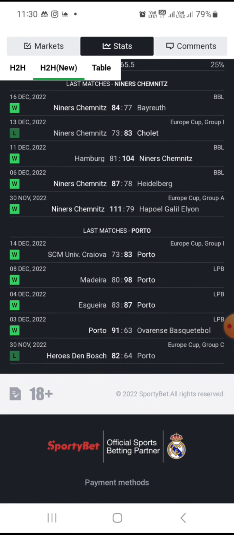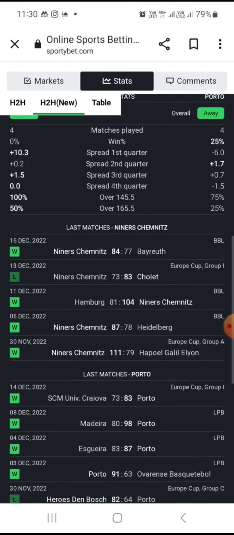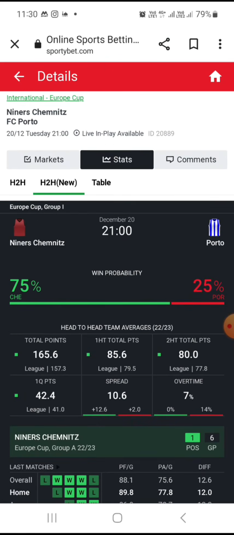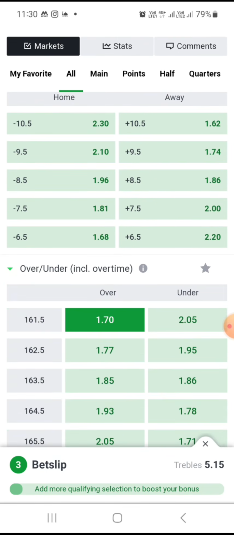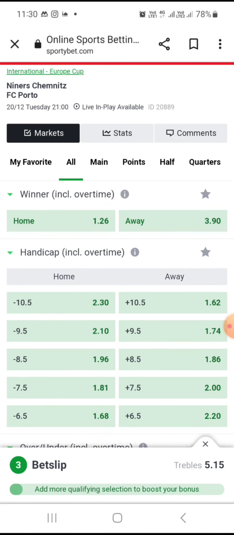You add them both together, the 91.8 plus the 84.6, you get 176. When you get 176, that is how you get the over and under mark. 176 is higher than 164. That's why I put 161, which is a good score statistically to go with.